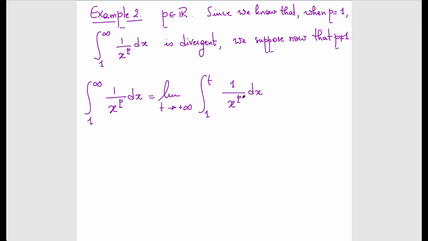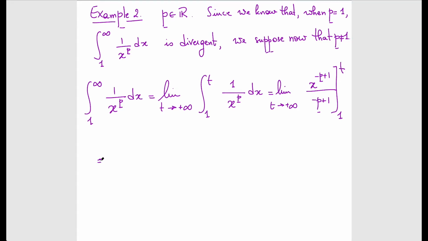The primitive of 1 over x to the p when p is not 1 is x to the power minus p plus 1, divided by minus p plus 1, taken between 1 and t. Correct? Again, 1 over x to the p is the same as x to the power minus p, so you are integrating x to the power minus p, you add 1 to the exponent and you divide by this exponent, right?